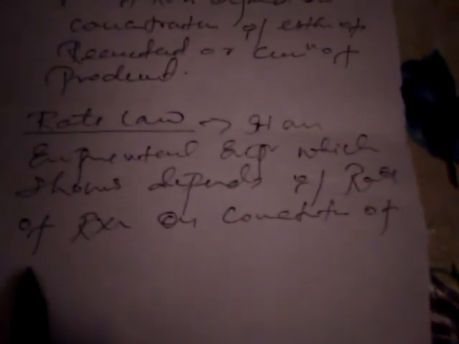So here we have to understand one expression that is known as rate law, a very important expression. Rate law is an experimental expression which shows dependence of rate of reaction on concentration of reactant.